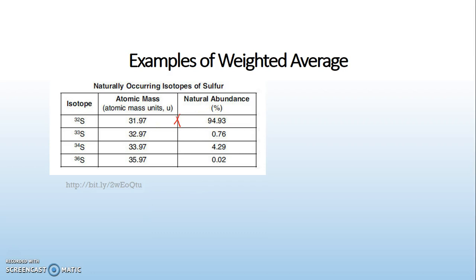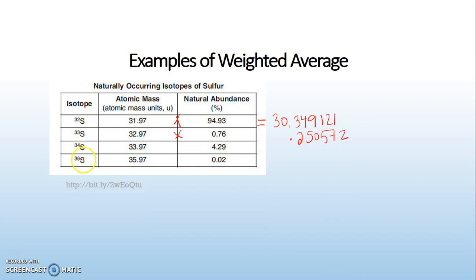We're going to have 31.97 times 0.9493. Okay, that comes out to be 30.349121. Then we do the next one. We'll do 32.97 times 0.0076. That is 0.250572.